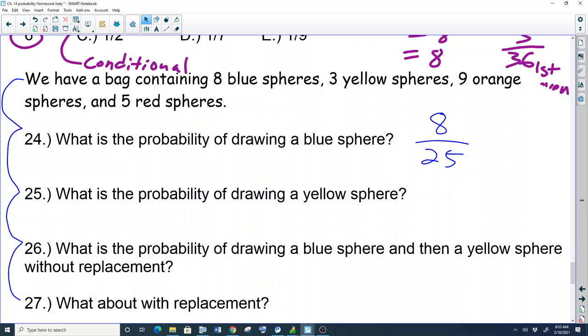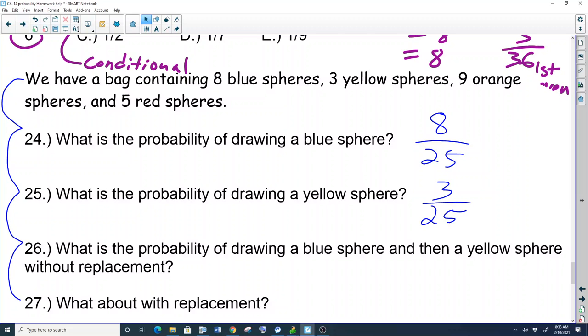Good. So what's the probability of drawing a yellow sphere then? We're putting everything back in for this one. Sorry, that's confusing. So we still have that at 25. So how many yellow spheres are there? There's 3. You're fine, because it gets confusing with the replacement, without replacement, which I didn't really specify on number 24 and 25. Sorry about that.